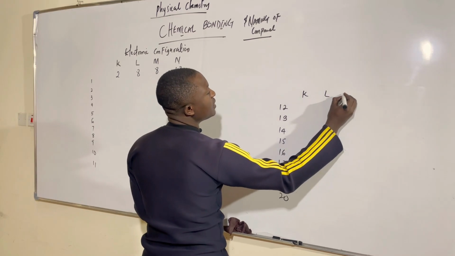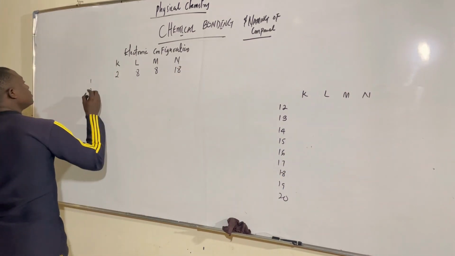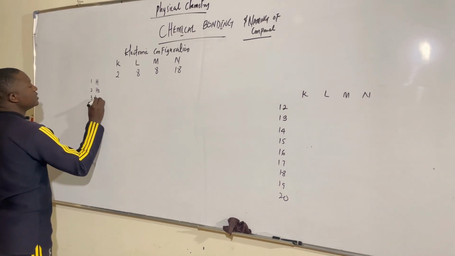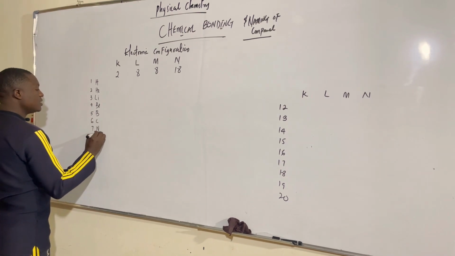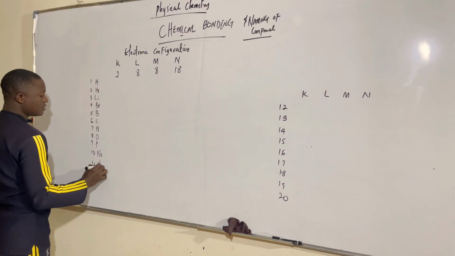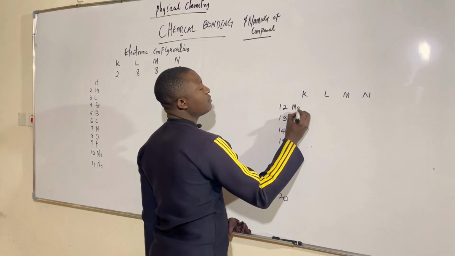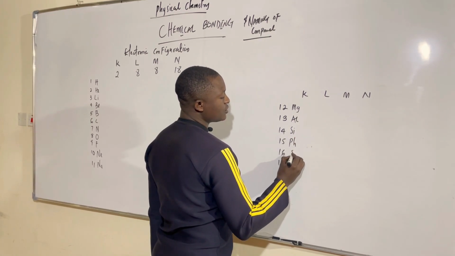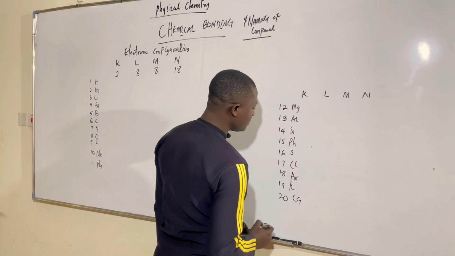K, L, M, N. The first element we know is hydrogen. Then helium, lithium, beryllium, boron, carbon, nitrogen, oxygen, fluorine, neon, sodium, magnesium, aluminum, silicon, phosphorus, sulfur, chlorine, argon, potassium, and calcium.